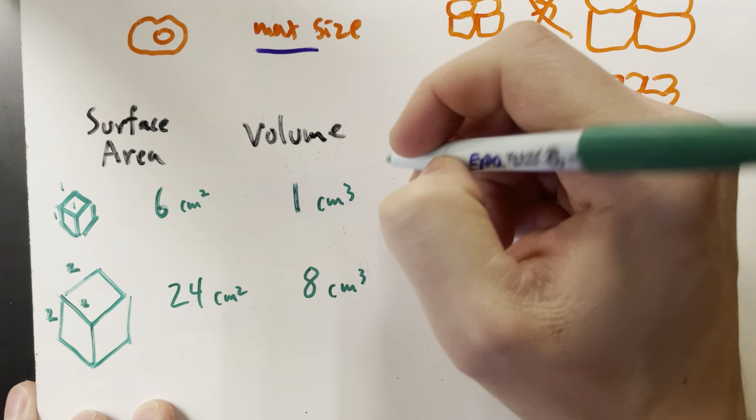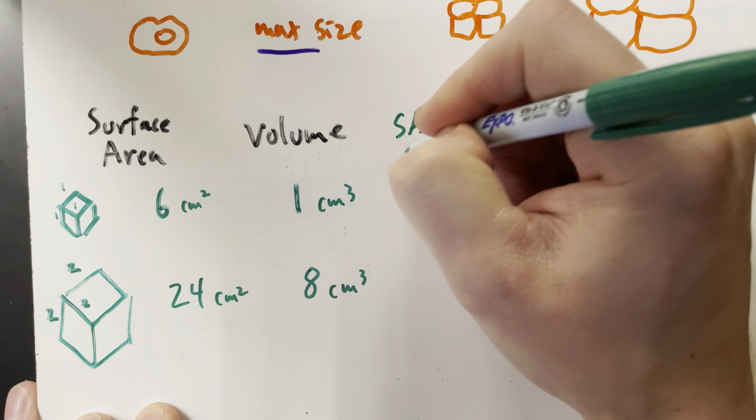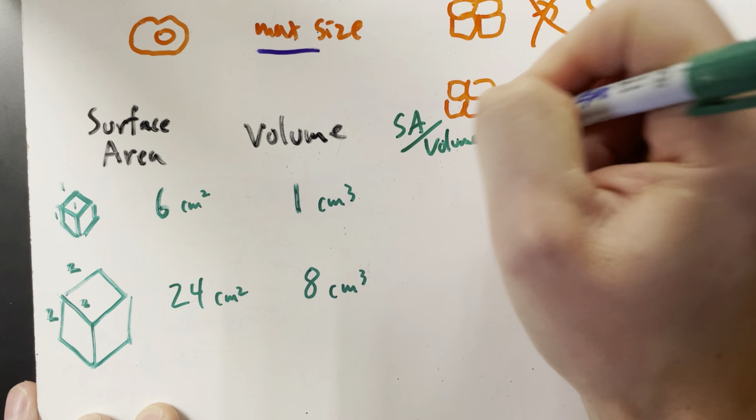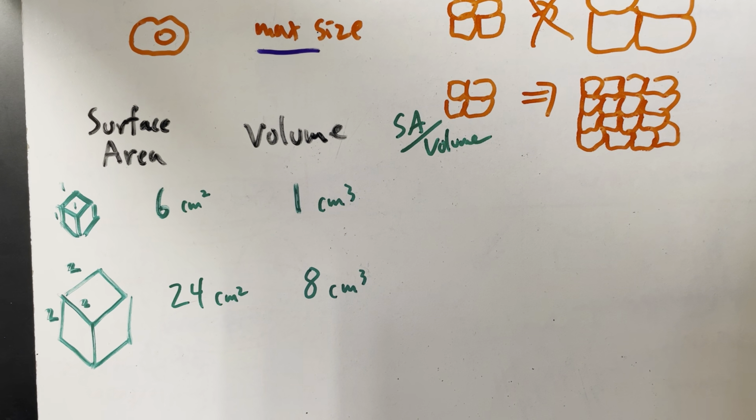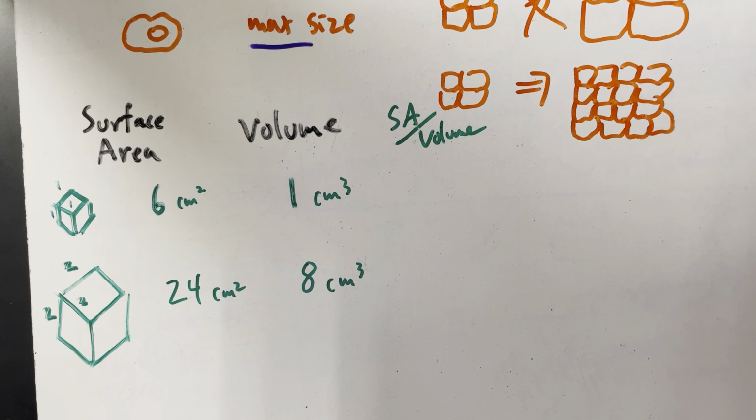Cool. So what is the ratio? What is the surface area over the volume? Do that calculation real quick. What's the surface area divided by the volume?